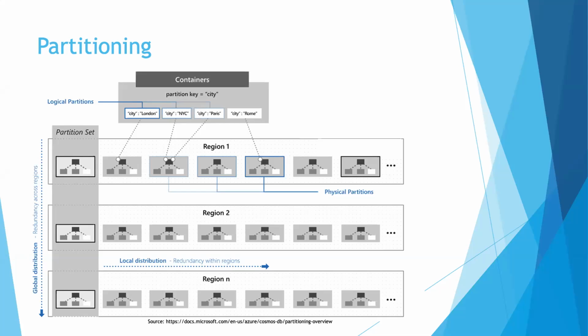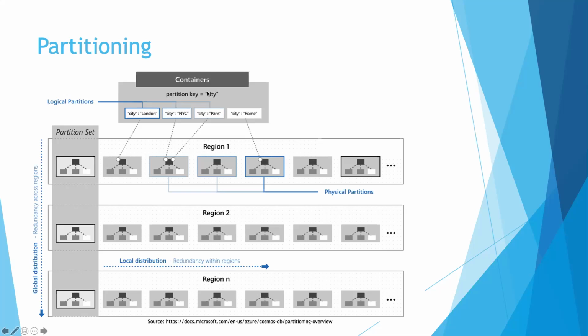Let's talk quickly about partitioning. So the link to the full Microsoft article is outlined here on the slide. But just briefly, I extracted this diagram from the Microsoft site, just to describe how your data is partitioned within Cosmos DB. In this example, the chosen partition key is city.